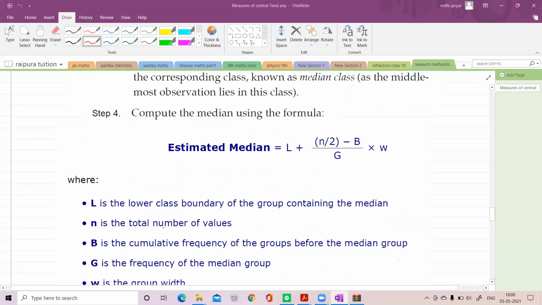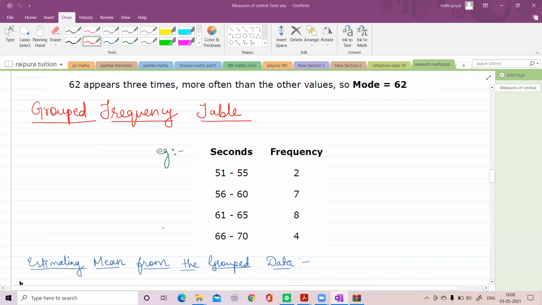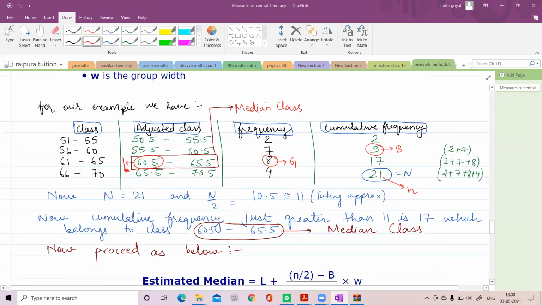So for our example, first we have to make these class intervals continuous. For this, I have adjusted the class boundaries by adding and subtracting 0.5. Then we have calculated frequency, and then cumulative frequency as well. Then I calculated n by 2, which is 10.5, and we take the approximate value as 11.